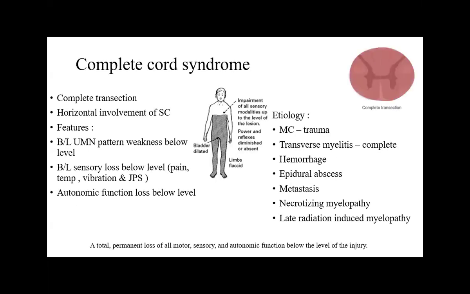Here first each we will see in detail. Complete cord syndrome is a complete transection of the spinal cord where there is horizontal involvement of the spinal cord. The features will be total permanent loss of all motor, sensory and autonomic function below the level of injury. So bilateral UMN pattern weakness below the level, bilateral sensory loss including pain, temperature, vibration and joint position below the level, and autonomic dysfunction below the level.